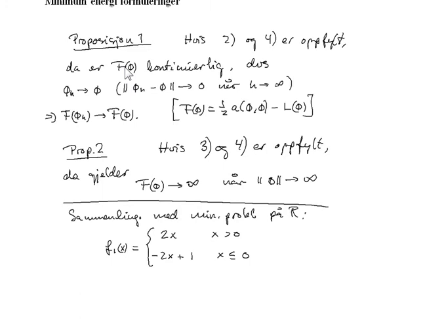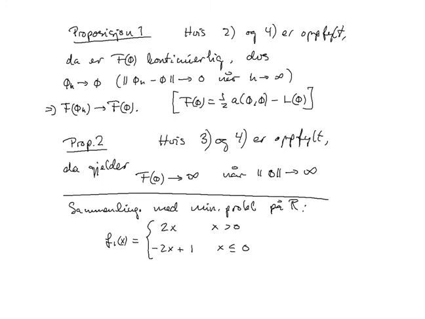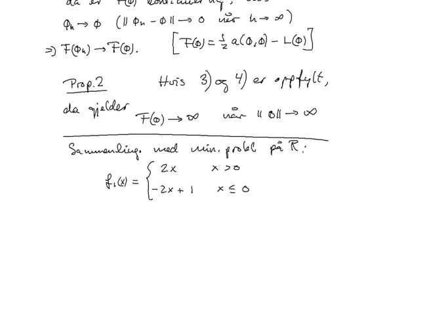In fact, it's possible to show that if these two propositions are satisfied, or let's say in different words, if the functional f is continuous and f has this property, then this functional has a minimum.